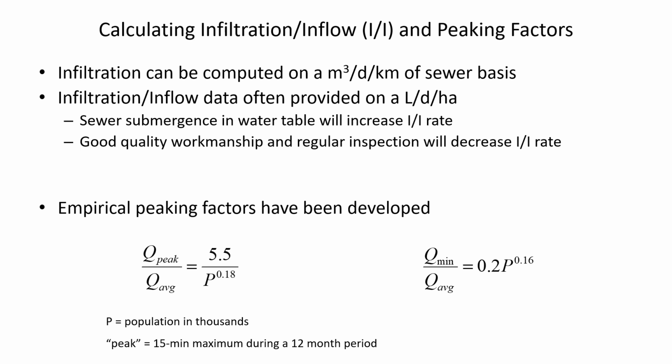But then the larger the population size, the closer together the peak and the average are, because of the geographic averaging. And by that what I mean is, if you've got water spread out over a really large area, there's a travel time from when you flush your toilet until the water, that flush arrives at the treatment plant.